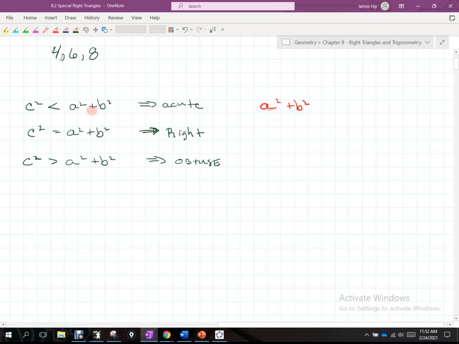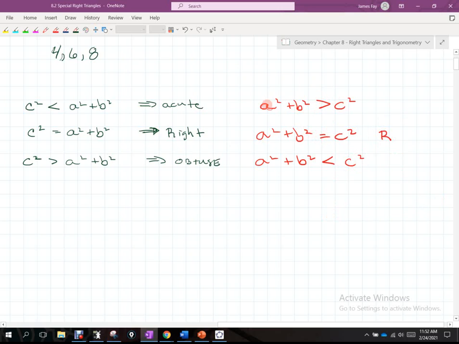If I want to write the same exact statement here, then my inequality needs to open towards a squared plus b squared. It's greater than c squared. This would be a squared plus b squared equals c squared. And this would be a squared plus b squared, keeping the inequality pointing towards a squared plus b squared. I know this is going to be a right angle because of the equality.